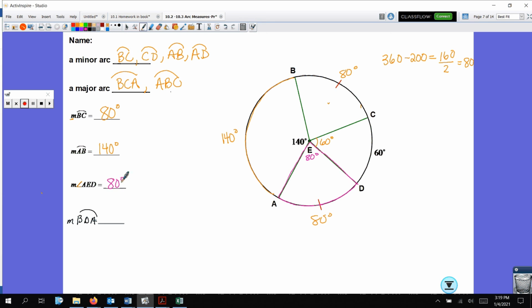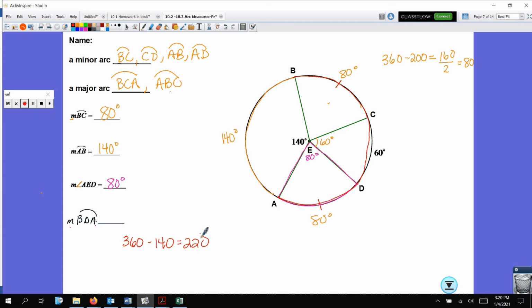And then I have this major arc BDA. BDA. So let's change colors here. D is my second letter, so I have to hit D before I hit A. So B, D, A. So it's the whole circle minus 140. So 360 minus 140 gives me 220.